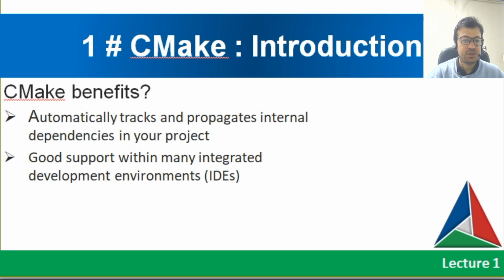If you modify some of your previous code, the CMake build tool will automatically update the compiler and executable files. It will automatically update them, so you don't need to do many things. Your changes will automatically be propagated into your software. It also supports many IDEs, like Visual Studio and Qt, so it supports various IDEs.